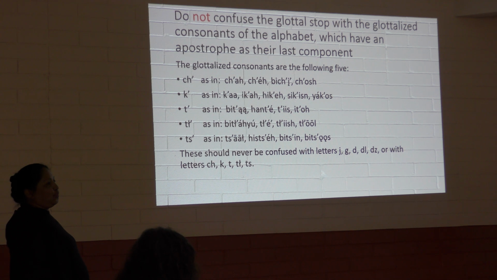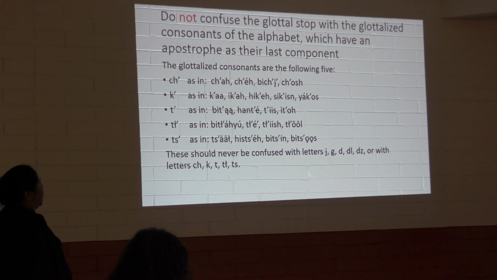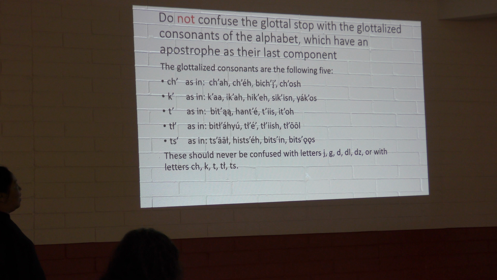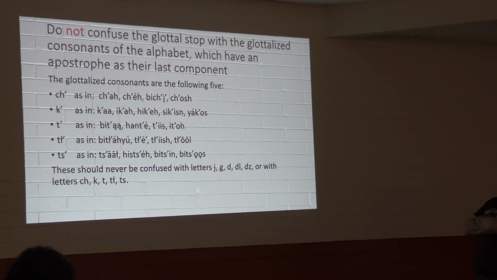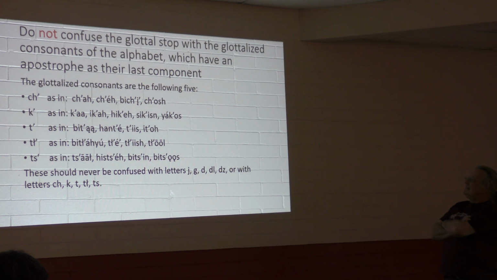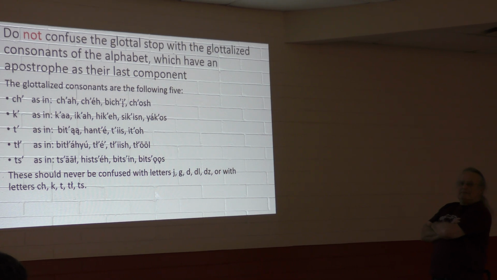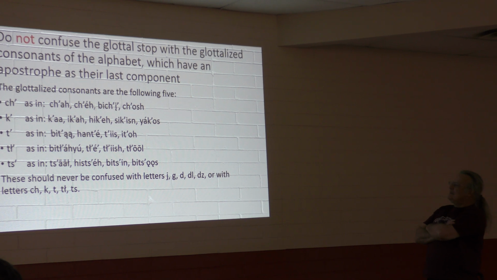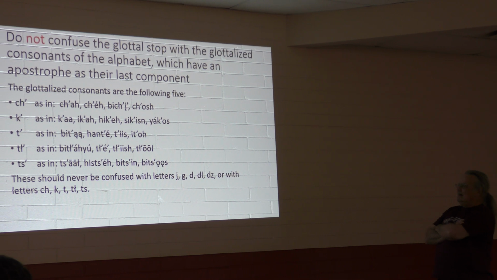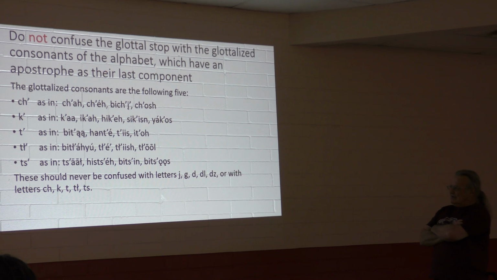Chosh means about a snake. Or the K apostrophe as in ka, bullet, ikah, fat, ikeh, and sikisen, my brother, if I'm a man, yakos, a cloud. So ka, ikah, ikeh, sikisen, yakos.